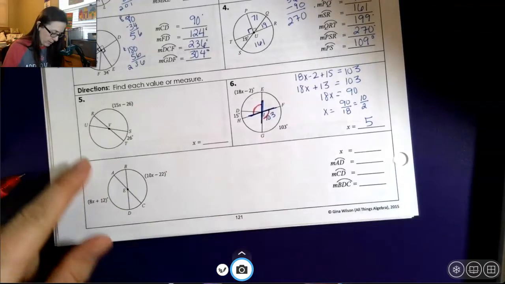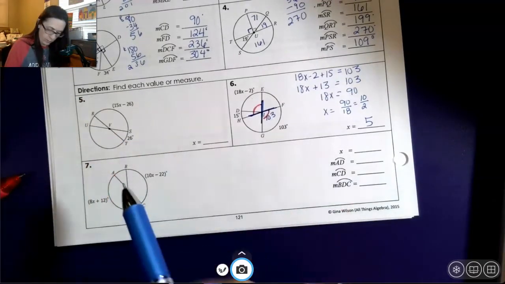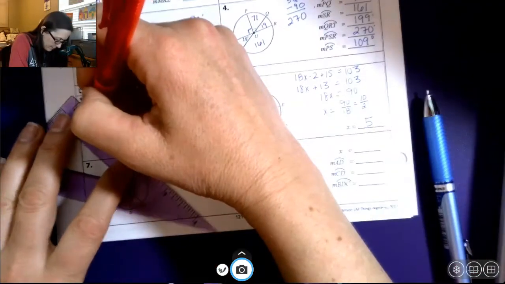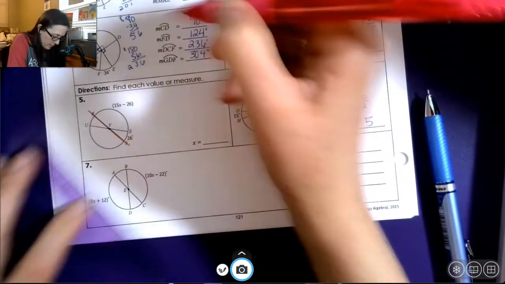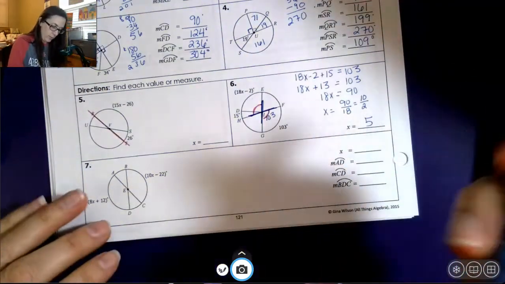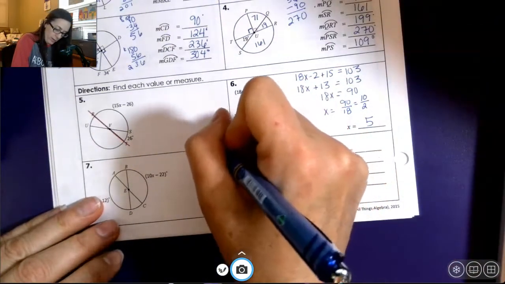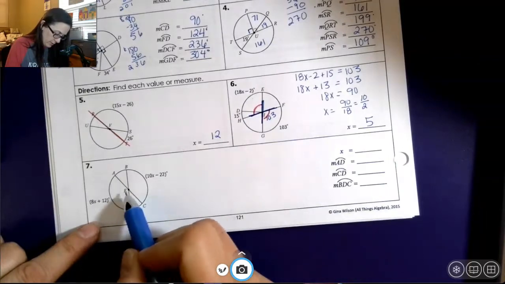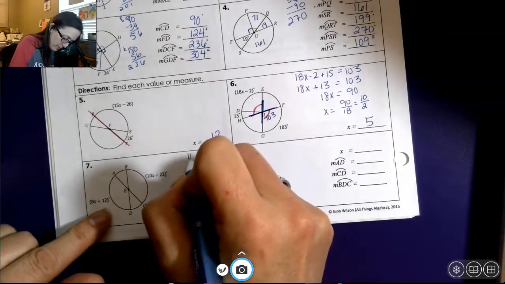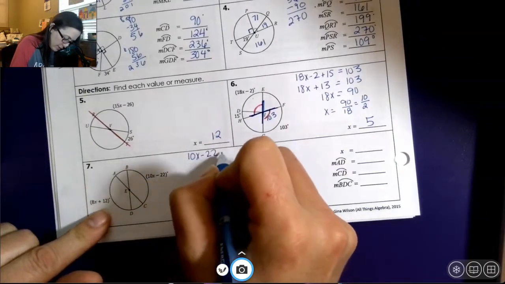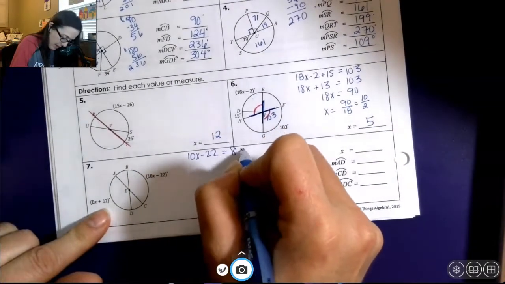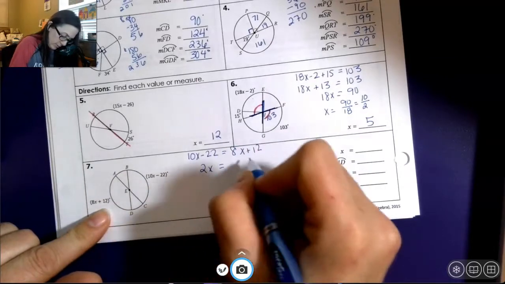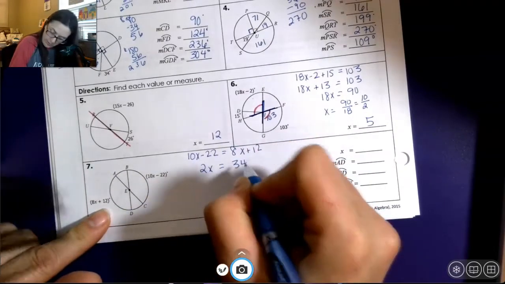Okay, this one up here, notice that this is a diameter, so those two have to add up to 180. When you solve that, you should get 12 up here. Down here, these two are vertical, so they're going to be equal. 10x minus 22 equals 8x plus 12. 2x equals 34.